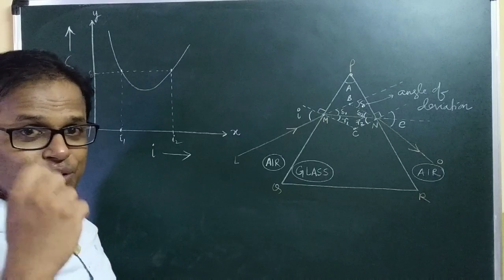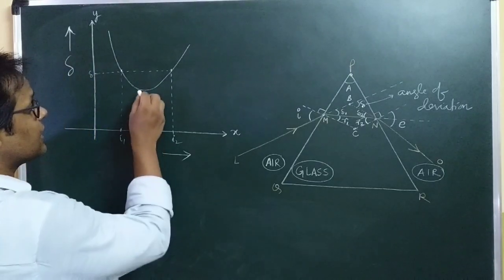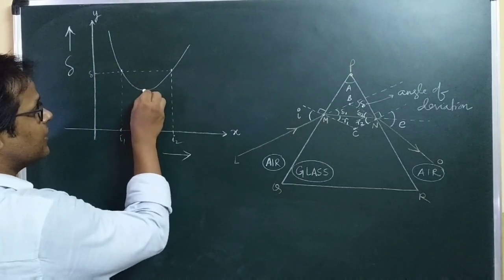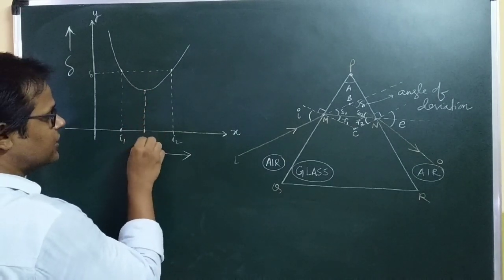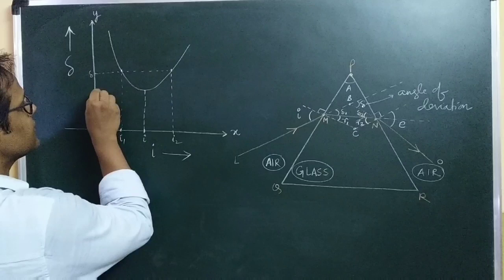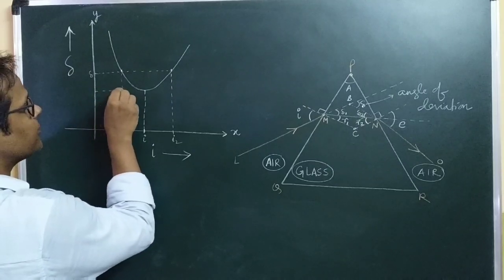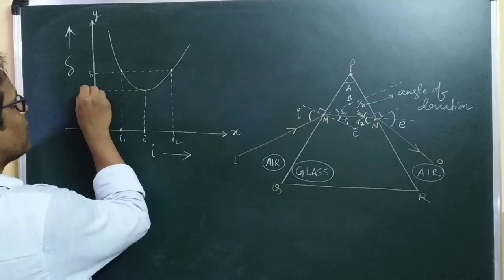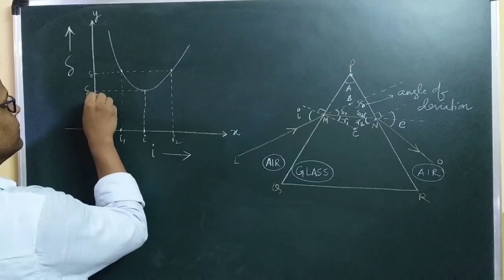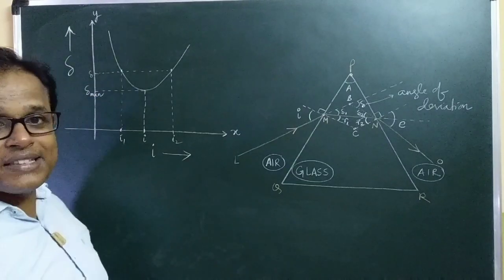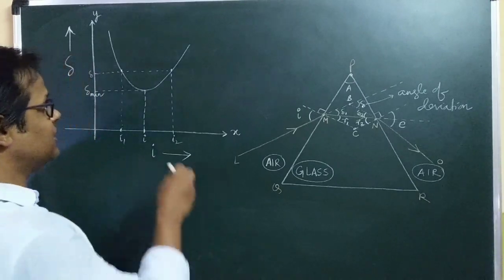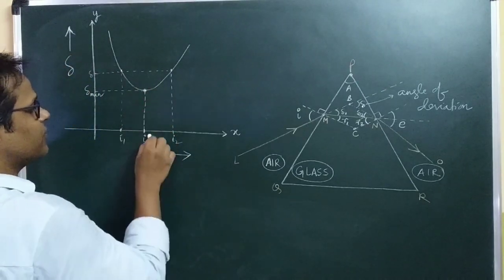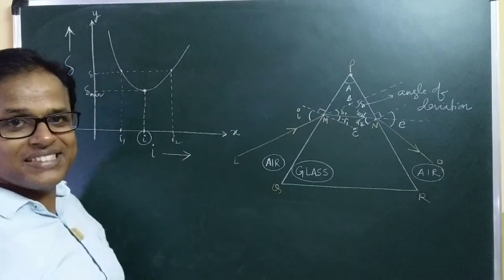But there is a unique point in this entire curve, somewhere here, where for this particular angle of incidence, the deviation suffered by the ray of light is found to be the minimum, and we mark it as the angle of minimum deviation. This is obtained for a unique angle of incidence.